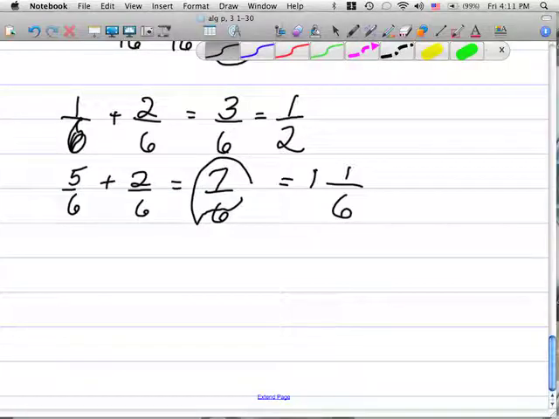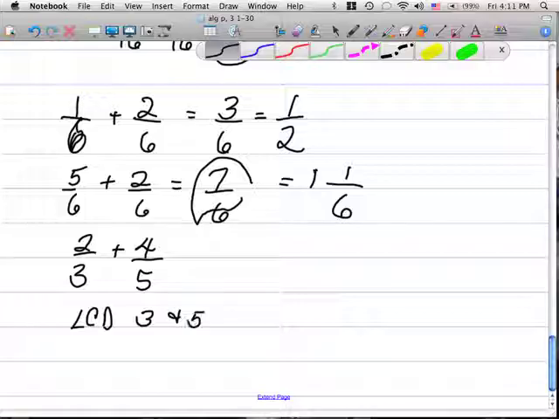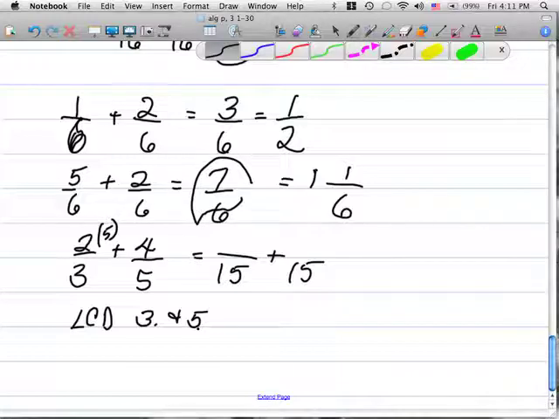If you have different denominators with addition, such as 2/3 plus 4/5, you find the least common denominator of 3 and 5. So the smallest number that 3 and 5 both go into would be 15, and you would rename them. 3 goes into 15 5 times. 5 times 2 is 10.